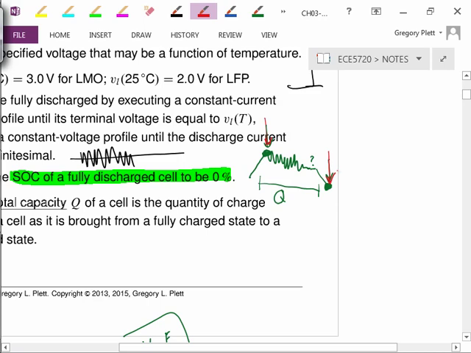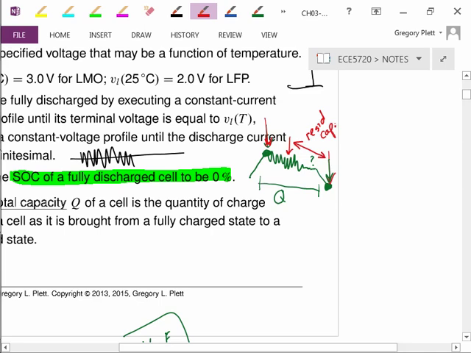And then I can find the residual capacity at any point in this test by integrating. Actually, the residual capacity would be integrating this from there to there. And so that's going to give me the residual capacity. And so at any point in the test, I find the residual capacity, I divide by total capacity, and that gives me state of charge for the test.